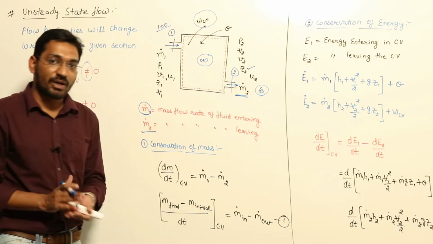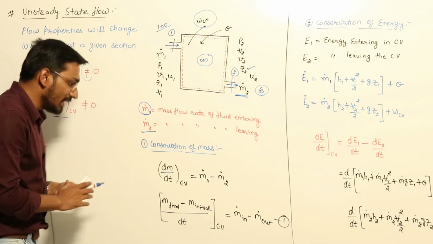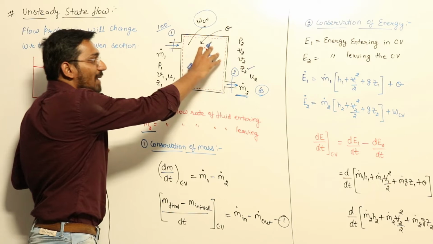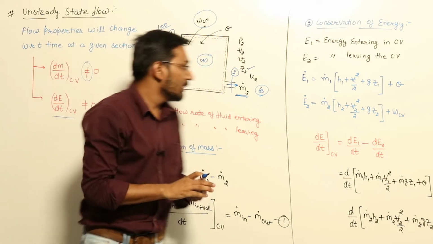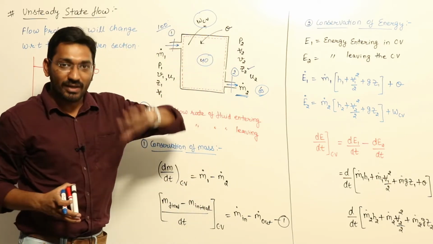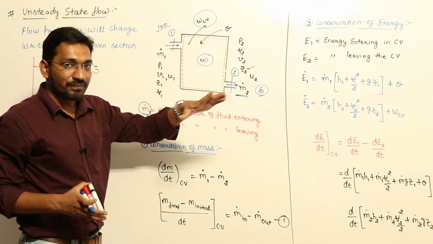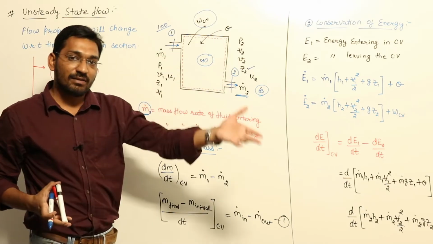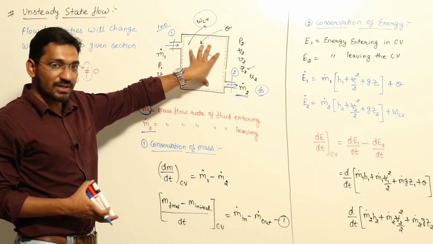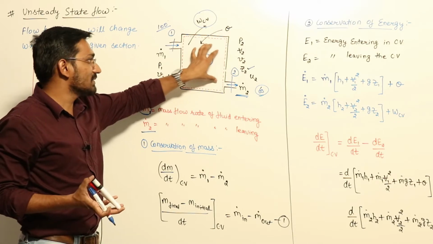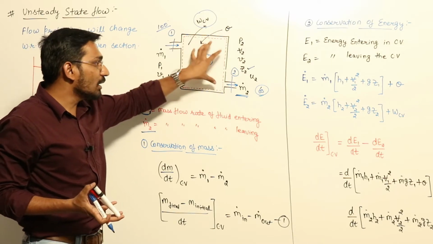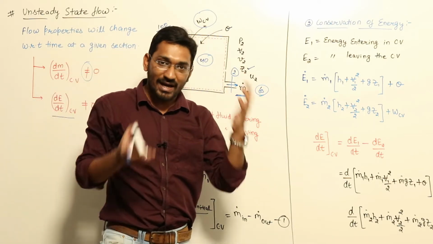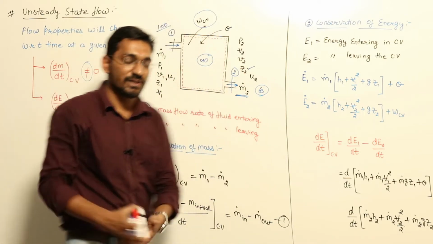Change of mass of control volume means I am writing the final mass of control volume minus initial mass of control volume. When this flow will start, suppose initially when we make this system, some mass is there, right? So the rate of change of mass is final mass minus initial mass.